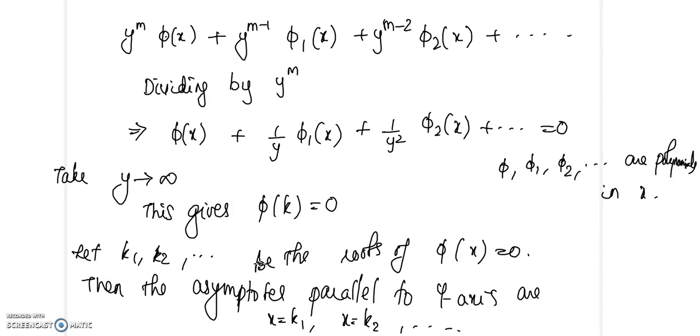But you can get imaginary roots when you solve for this equation. So in those cases where it is a constant or the roots are imaginary, there will not be any asymptotes for the given equation. So that is a case where you do not have asymptotes parallel to the y-axis.